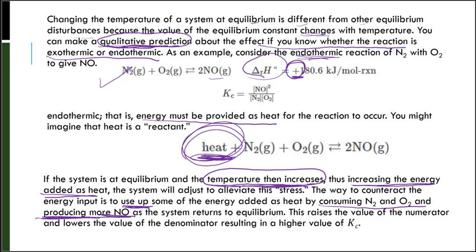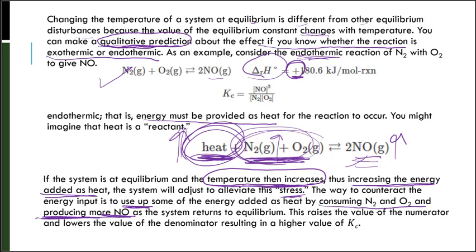If the system is at equilibrium and the temperature increases, that means we're increasing the energy added as heat. So the system will adjust to alleviate the stress. The way to counteract that is to use up some of that energy added by consuming more N2 and O2. And if we consume more N2 and O2, that means I'm going to make more products. So we're going to produce more NO as the system returns to equilibrium.